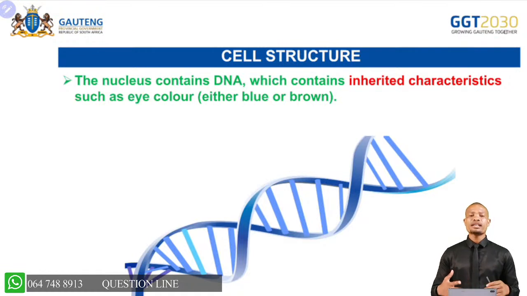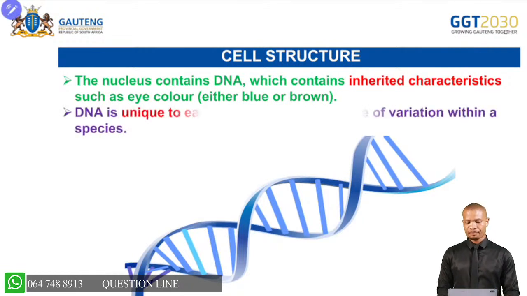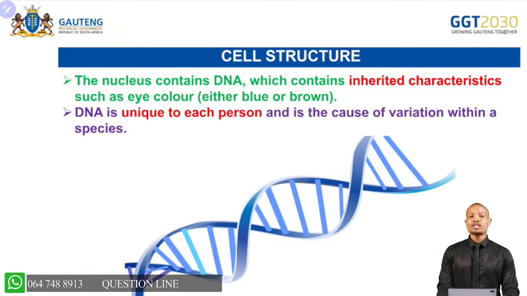That's why when they do paternity tests to find out who is the father of a baby, they use DNA and compare the sequences to see whether they are similar or not. Each individual has their own unique DNA, but closely related people have similar segments in their DNA structure. So the DNA is unique to each person and is the cause of variation within a species.